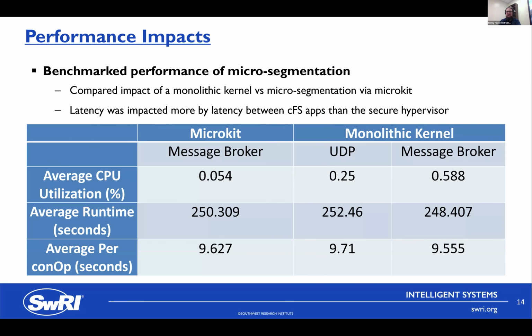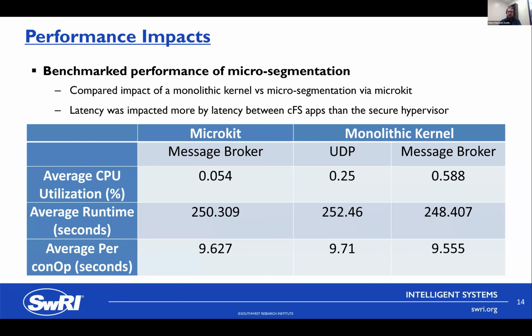So to benchmark the performance of microsegmentation, we had two methods here. We had a monolithic kernel, which is just separating via different cFS processes communicating over UDP to each other. And then we have our Microkit, which is having that message broker handle communications between VMMs, which contain the cFS processes.